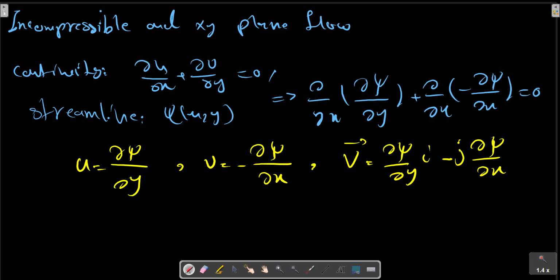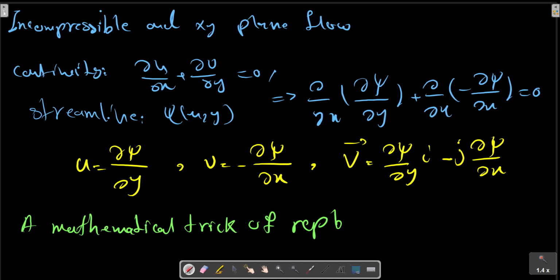It is just a mathematical trick of replacing two variables by a single higher order function psi.